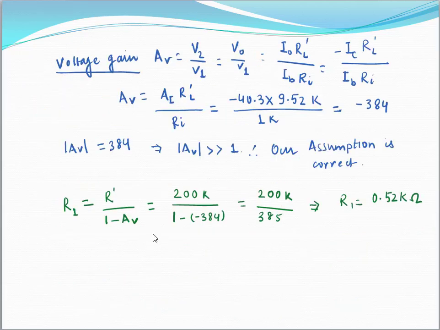So Ri dash is R1 parallel with Ri. R1 is 0.52 kilo ohm parallel with Ri is 1 kilo ohm.